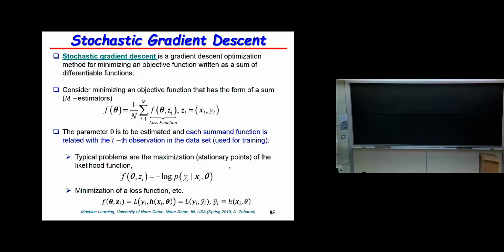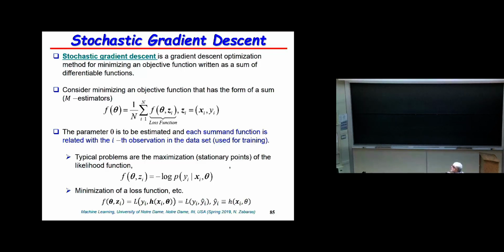So this is what I imply here. F of theta and Zi is not f of theta. It is, if you like, some noisy version of f of theta where data point i comes in. We will see this on the slides to come. This is really an expectation of some noisy representation of f of theta, if you like. But the point here is that it is computed for each of the training data points.